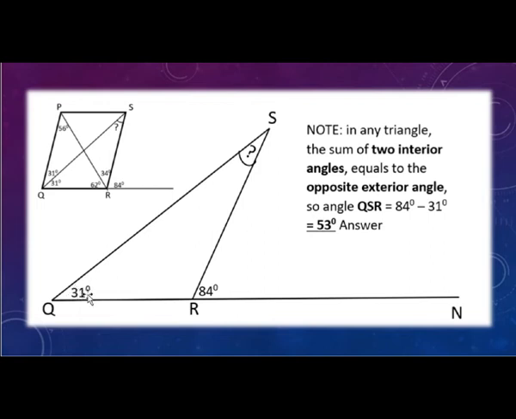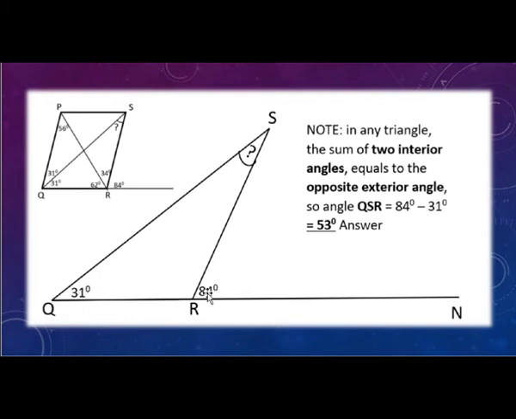Remember this one is not opposite, so we are not including this one here. The angle formed here is not opposite 84. The opposite angles are this one and this one. So 31 plus this angle given here should give us 84. So what I need to do is to get 84, subtract 31, so that I get the remaining angle here, which when added to 31 gives 84.